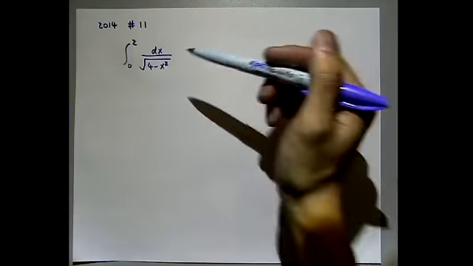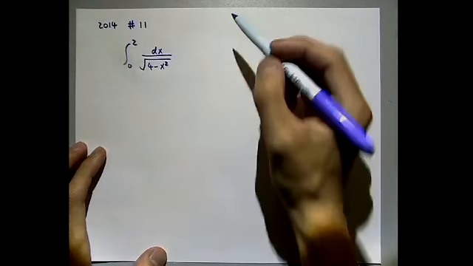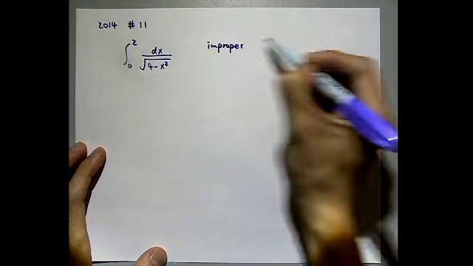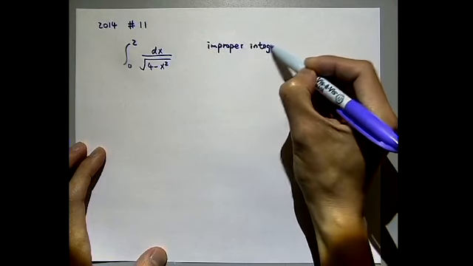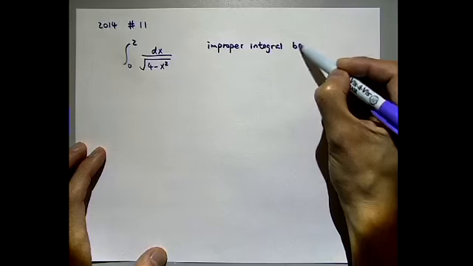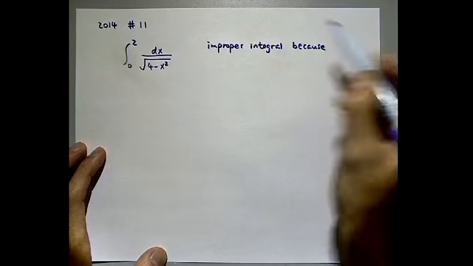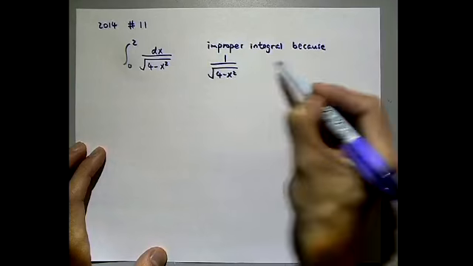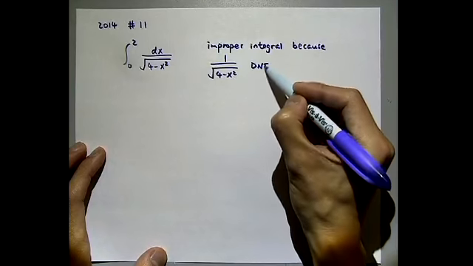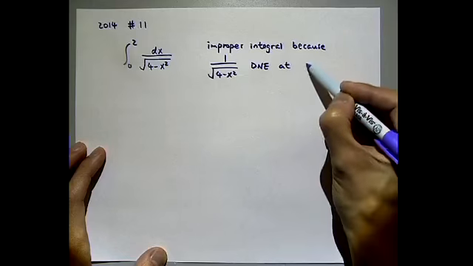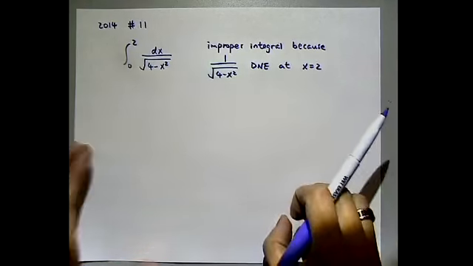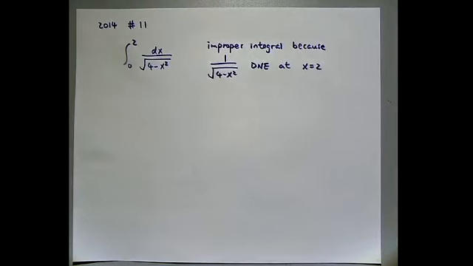All right, so looking at this here, notice that this is an improper integral, because 1 over radical 4 minus x squared does not exist at x equal to 2, the upper limit here. And that makes this an improper integral.